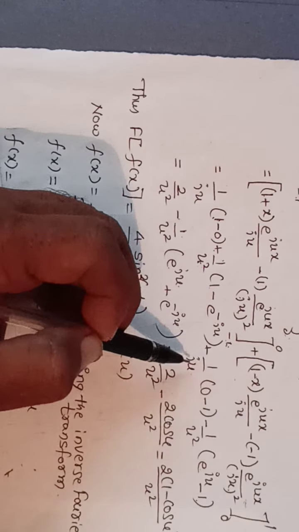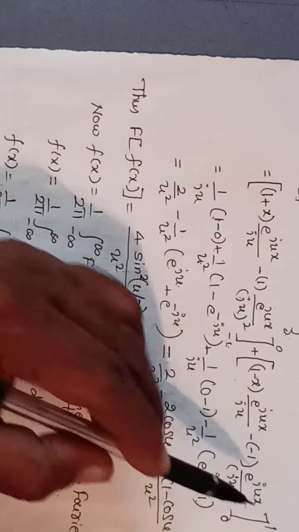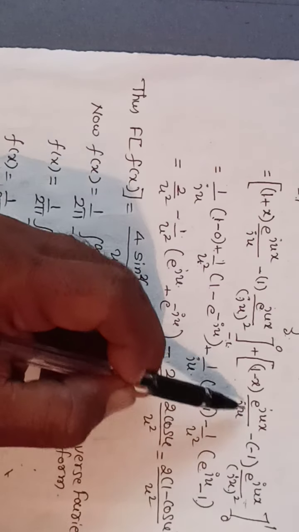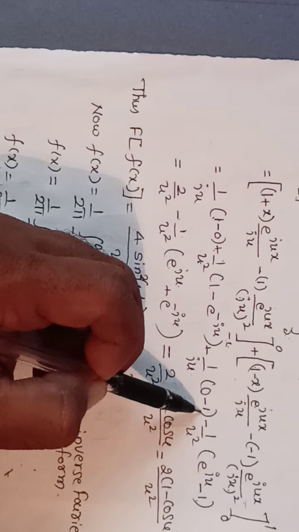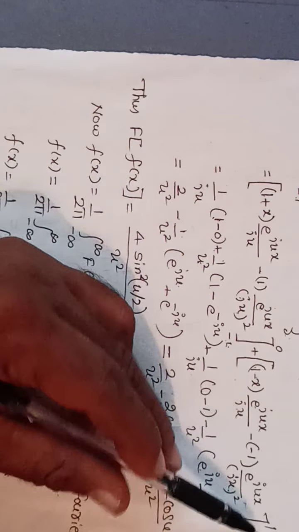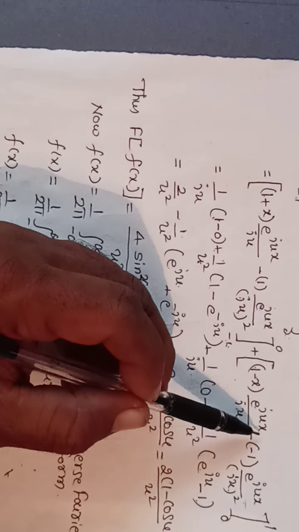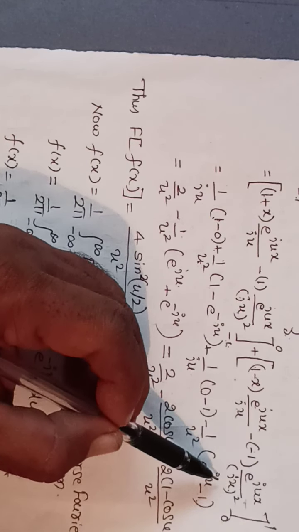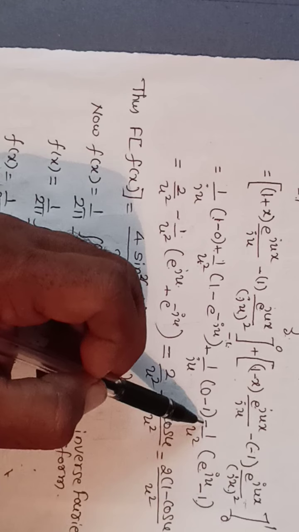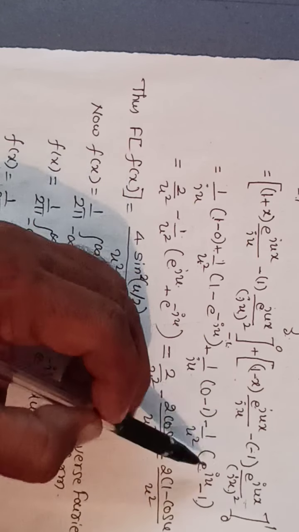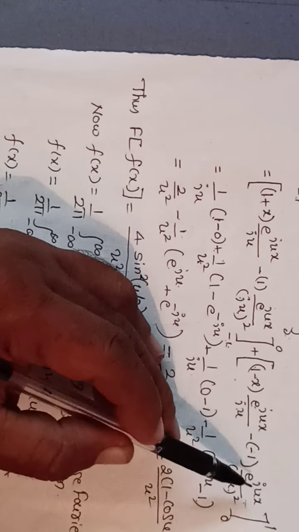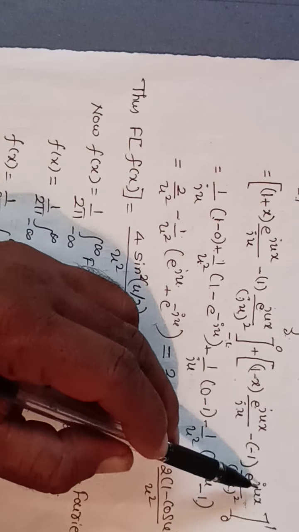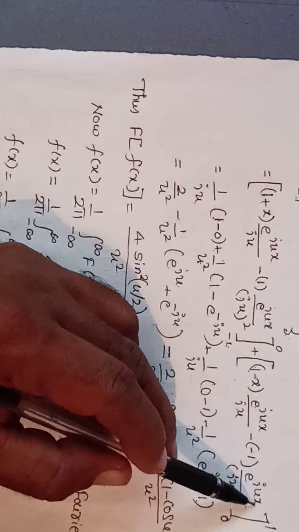Next, plus here insert 1: 1 minus 1 is 0. iu taken outside. Next 0, e raised to 0 is 1. Next, minus into minus is plus, and here again minus i squared u squared, as I told, it is minus. So again it is a minus symbol. 1 upon u squared taken outside, e raised to iux, x is 1, e raised to iu into 1.